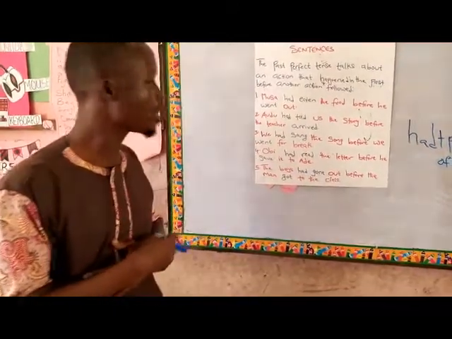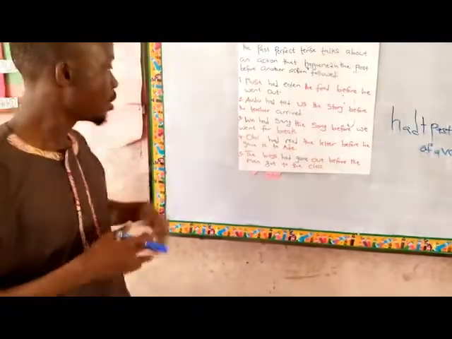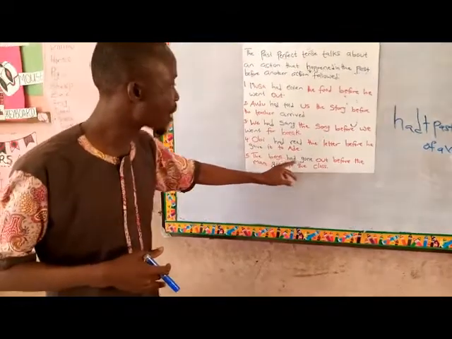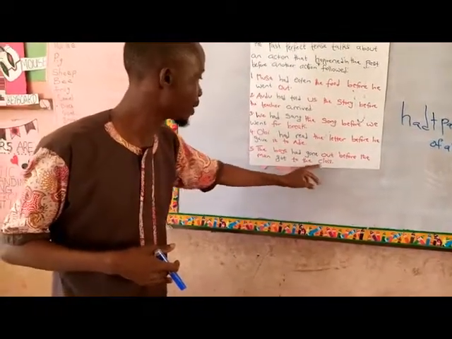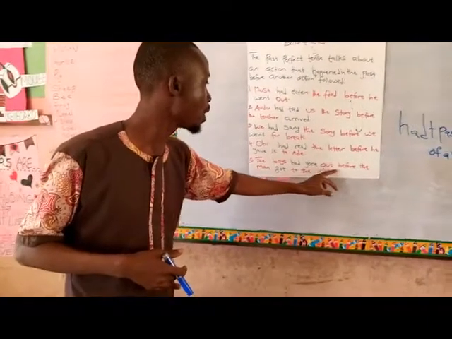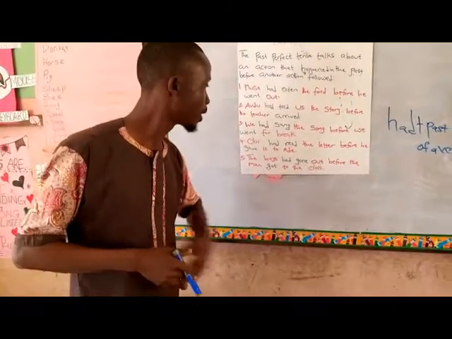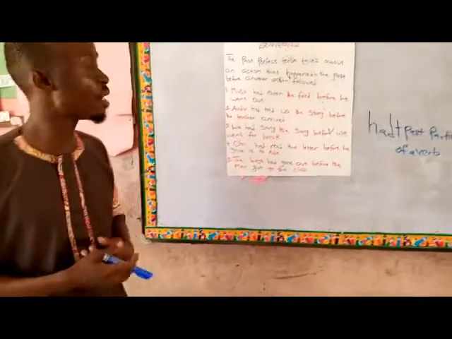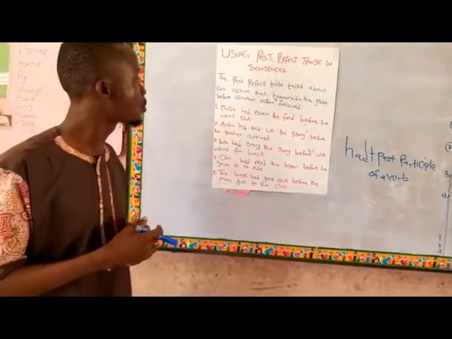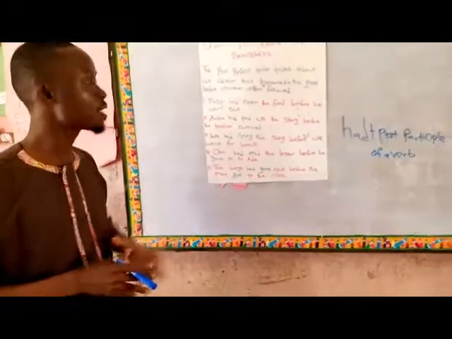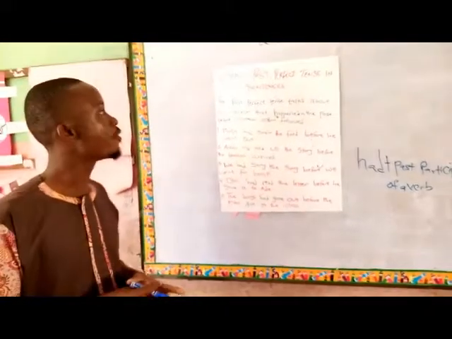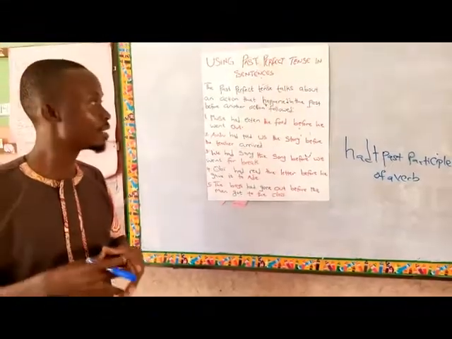Now the last example that I have on the cardboard here is the boys had gone out before the man got to the class. Of course, in the examples that I have given you, see that we have two actions in each of the examples. So that is how we make use of our past perfect tense.